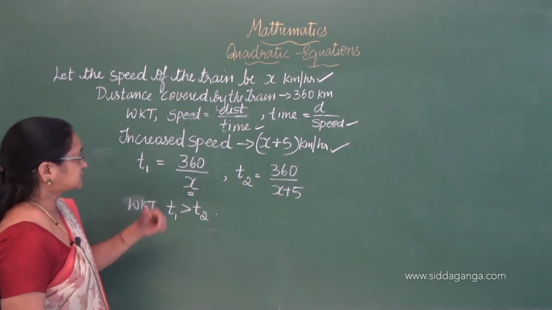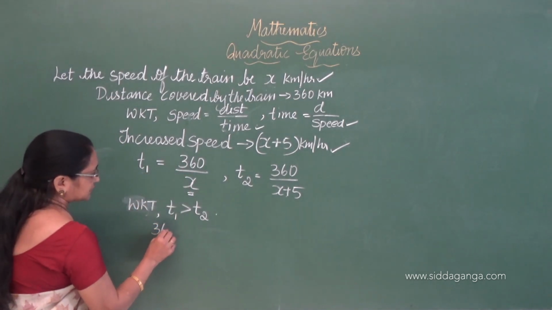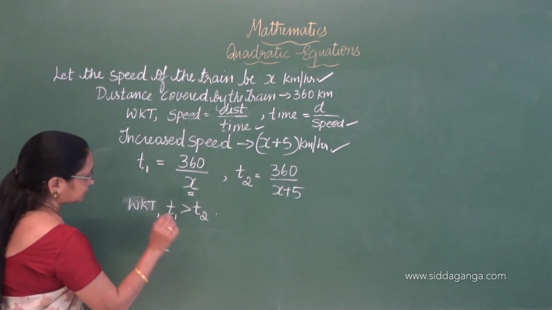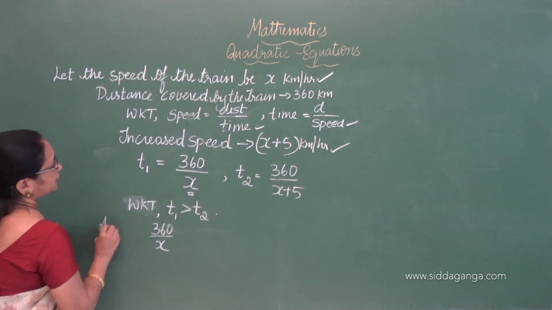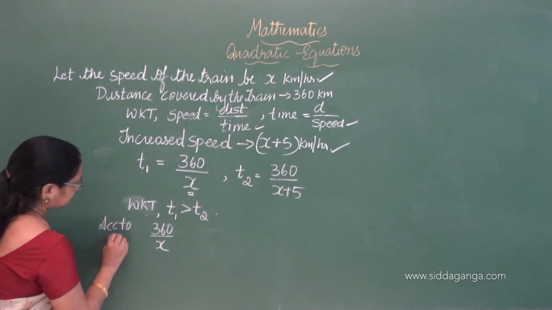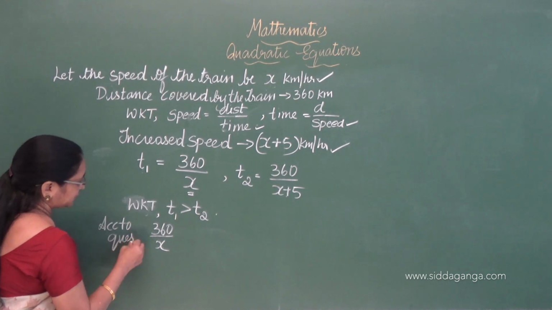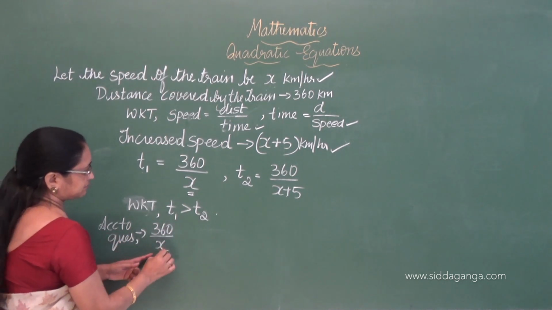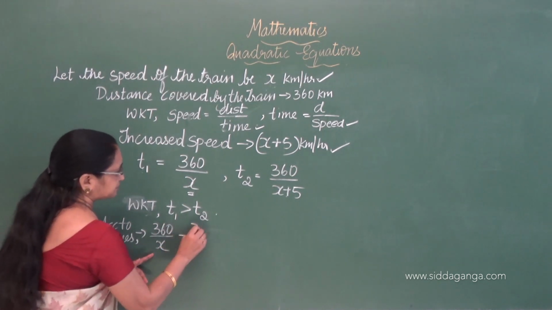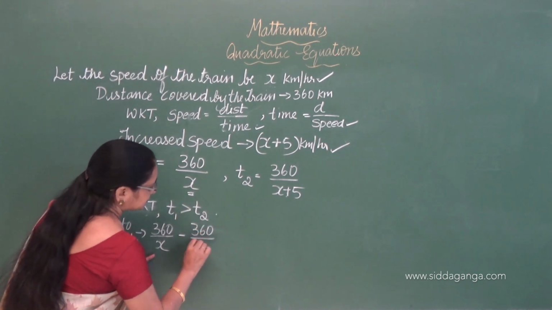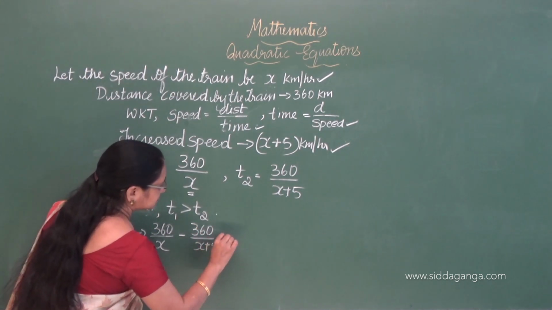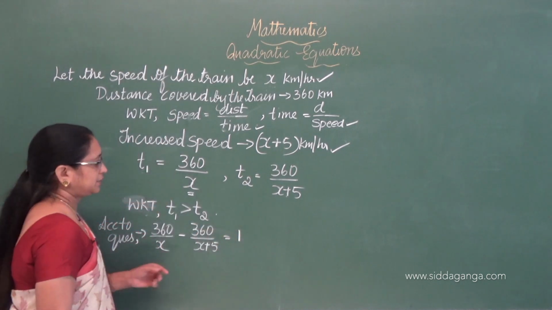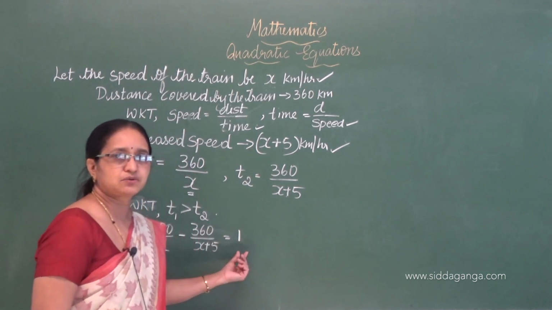So according to the question, 360 by x minus 360 by x plus 5 is equal to 1. Why did I take 1?